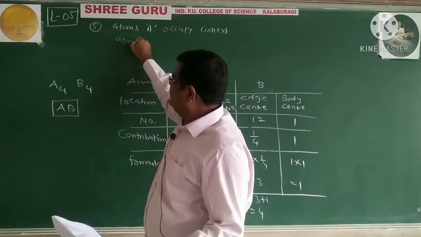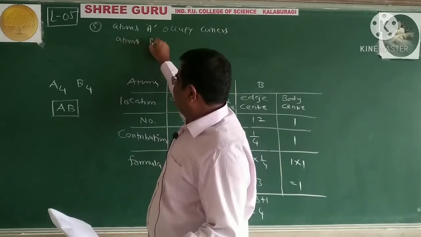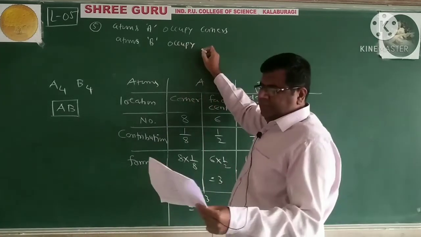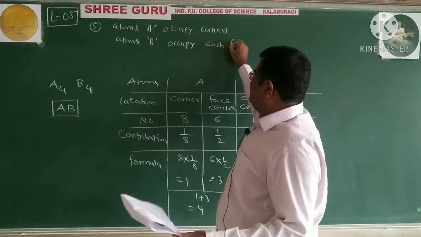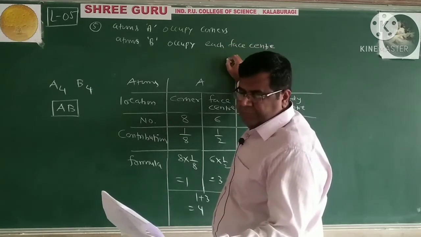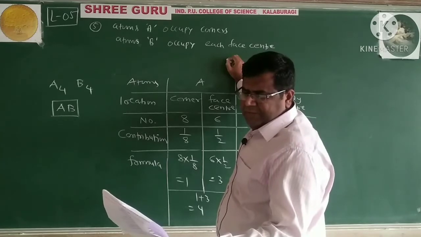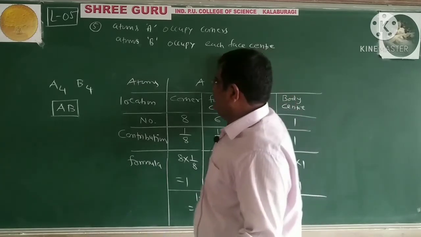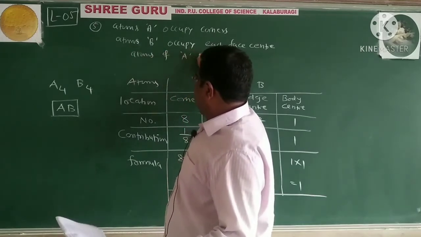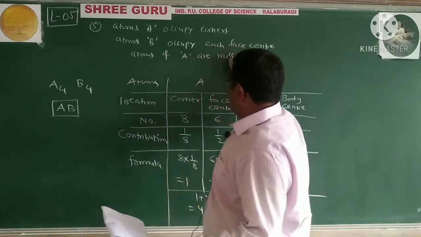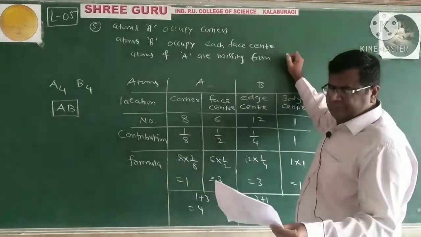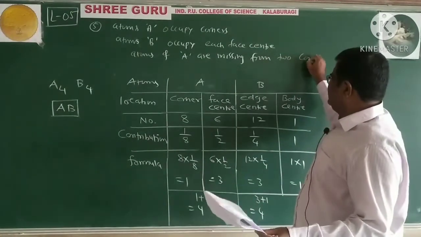Atoms B occupy each face center. Atoms of A are missing from two corners.